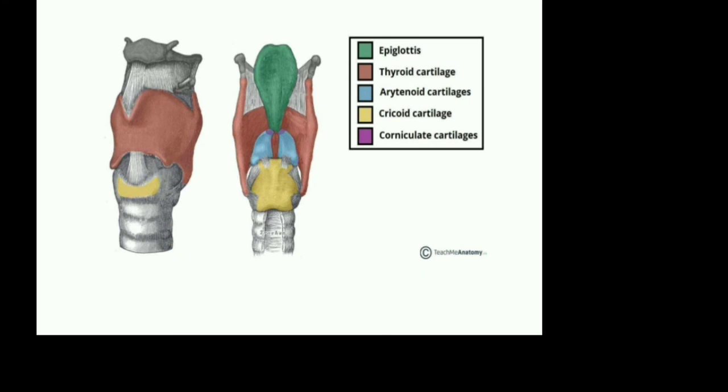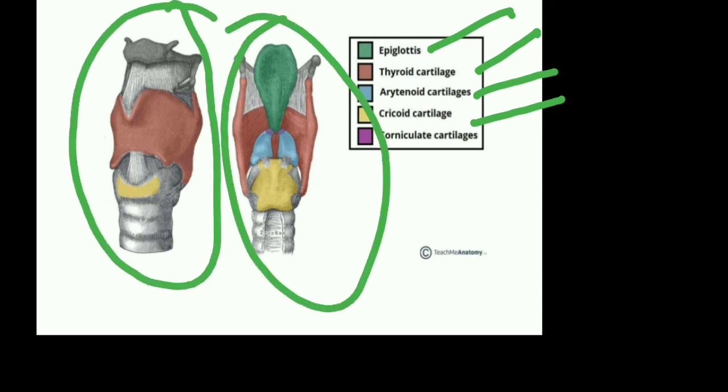The main cartilages are one thyroid cartilage, one cricoid cartilage, two arytenoid cartilages, one epiglottis and corniculate cartilages. So, here you can see, so this is the epiglottis.